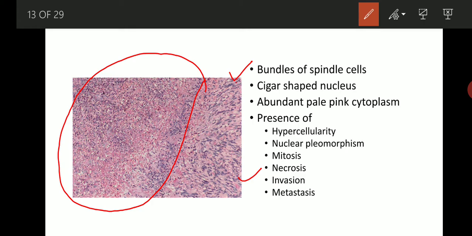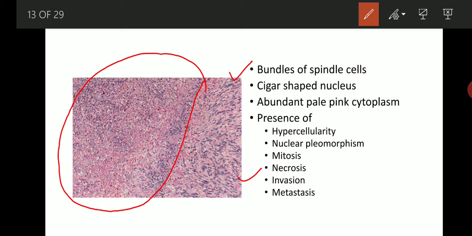These blue dots are basically the fragmented or karyorrhectic and karyolytic nuclei of the tumor cells. So the presence of this nuclear fragmentation and fragmentation of the cell tells you that this area is necrosis.